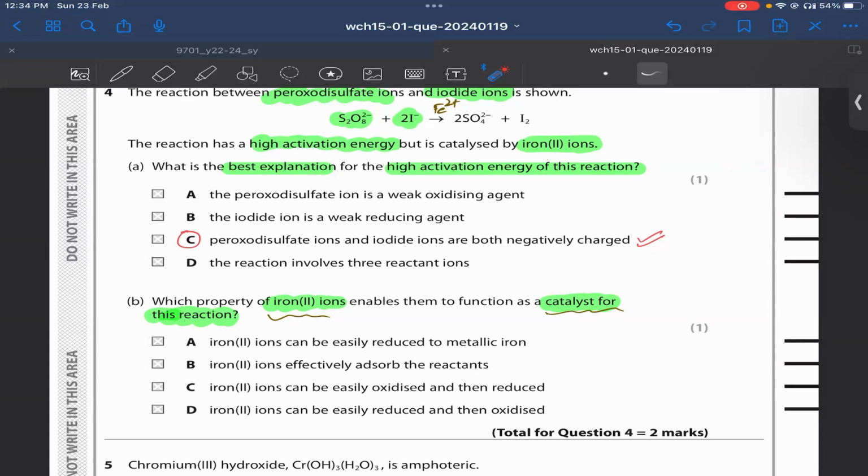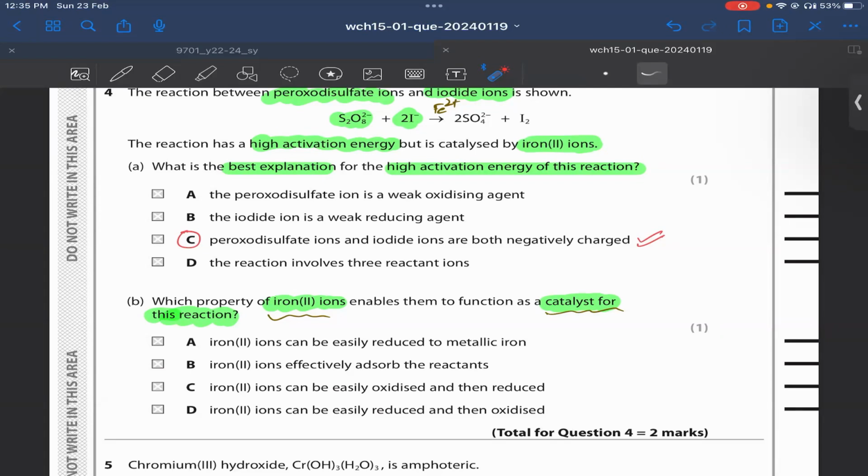What's the reason for this? As far as I understood, the oxidation state.